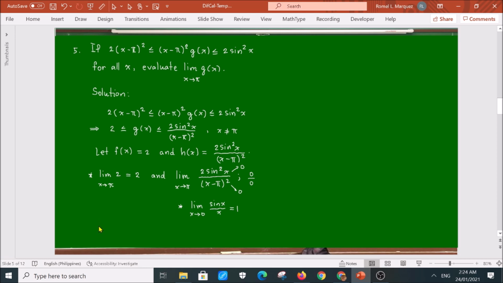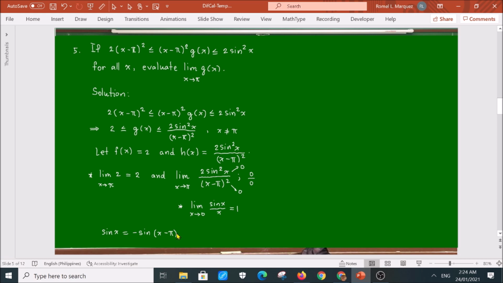From trigonometry, sine of x is equal to negative sine of (x minus pi). Let's check. Sine of (x minus pi) is a sine of a difference, that is equal to sine of x cosine pi, but cosine pi is negative 1.